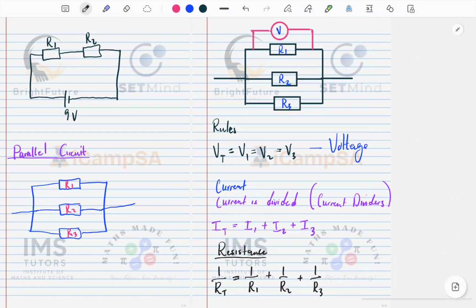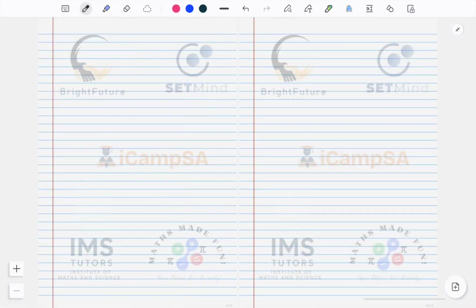But let me make an example before, because this one changes a bit at the end. So I have R1, R2, R3 here. So then what I'm gonna do is this, like this, and I'm gonna also do something like this here.